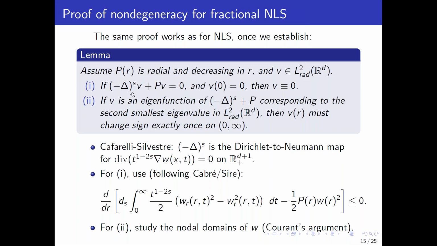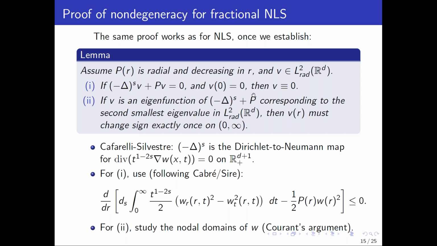Well, it turns out the same thing is true for this non-local equation, so this lemma says that that's the case. If you have an eigenfunction for any fractional Schrodinger operator with any radial decreasing potential corresponding to the second smallest eigenvalue, then v will change sign exactly once on 0 to infinity, kind of like what you would expect in the local case, in the Sturm-Liouville case.